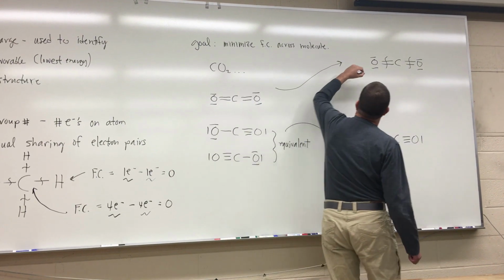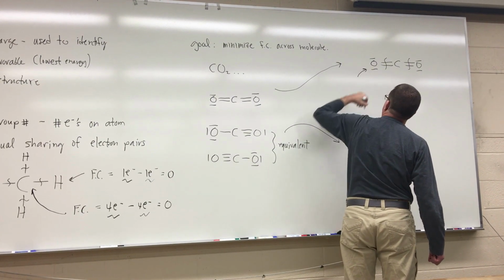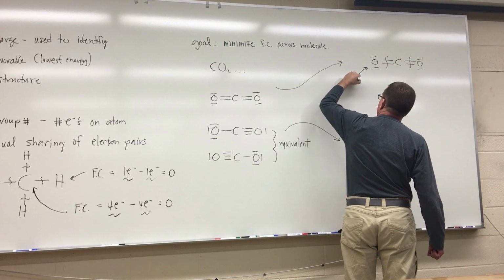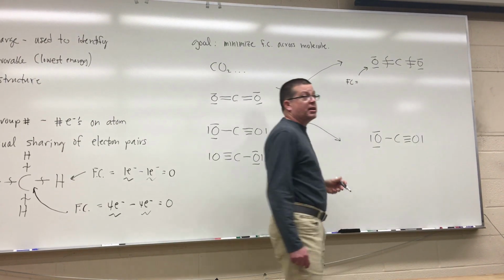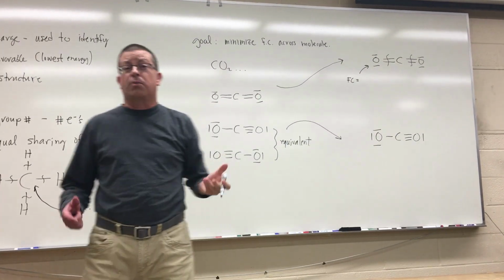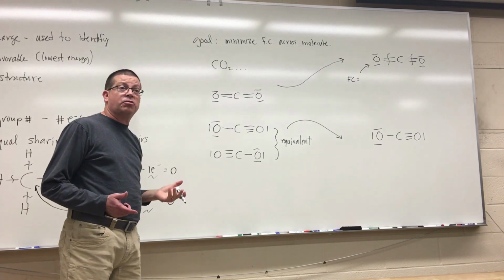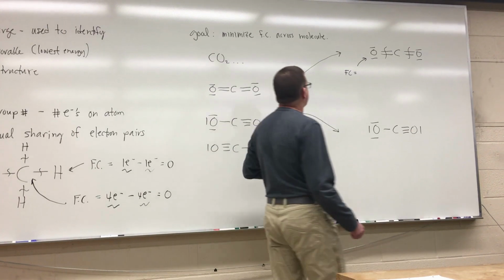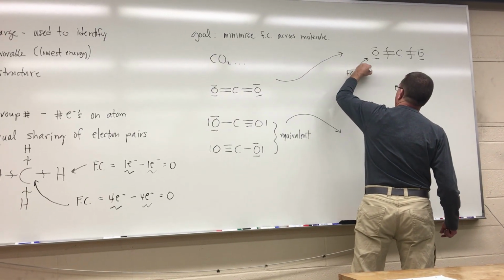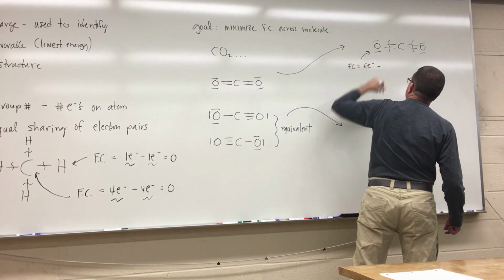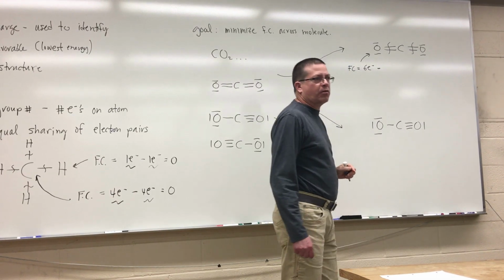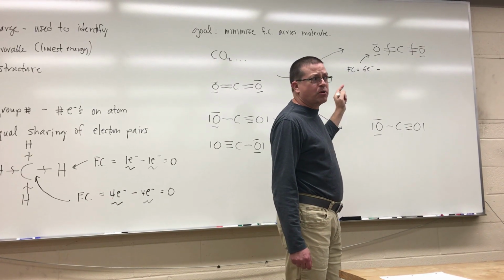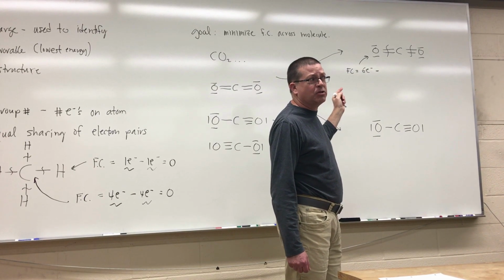So let's calculate a formal charge for this oxygen right here. The formal charge has to equal the number of electrons an oxygen normally would have, which corresponds to its group number. That's group 6A, so a normal oxygen is going to have 6 electrons associated with it. Now I'm going to subtract from that the number of electrons that this particular oxygen can lay claim to.